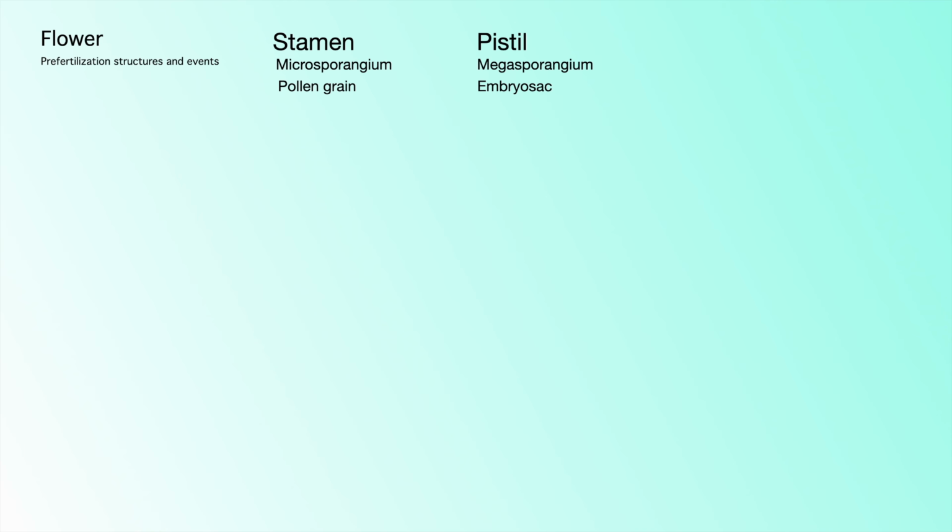Now, if you look at an ovule, it has envelopes or protective coverings. The protective envelopes of the ovule are called integuments. There can be one integument or two integuments.